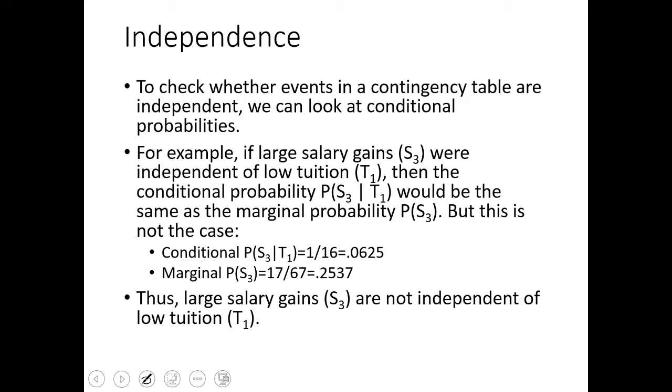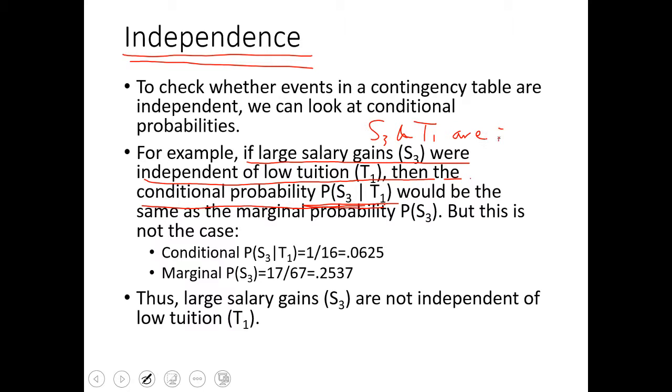After we study the conditional probability, we can check independence. For example, if S3 and T1 are independent, then the probability of S3 given T1 is the same as the probability of S3. Let's check.